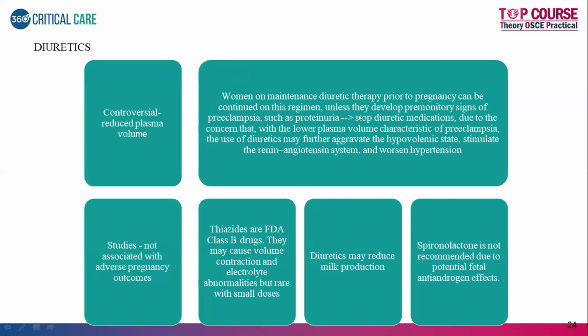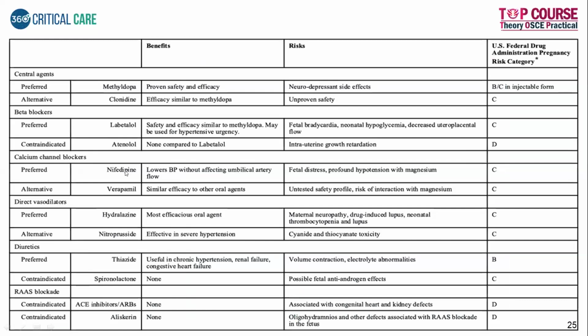In such cases, stop the diuretic medications due to the concern that with the lower plasma volume characteristics of preeclampsia, further if there is hypovolemia, it may lead to stimulation of your renin-angiotensin system and it might worsen your hypertension. Okay, so diuretic role is still controversial.